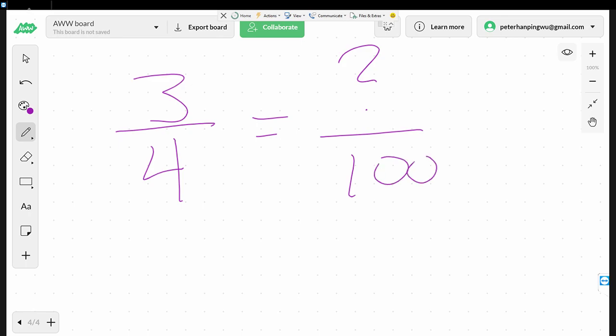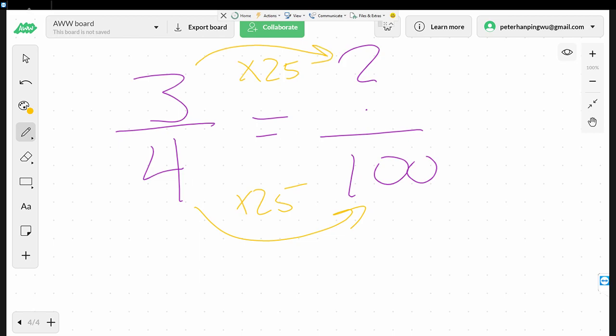So thinking about money, we can break 100 cents up into quarters, right? How many cents is a quarter? It's 25 cents. So 25 cents times 4 quarters gives us 100 cents or $1. So that lets me know that 4 times 25 is going to give us 100. Well, up here we can just do times 25 as well.